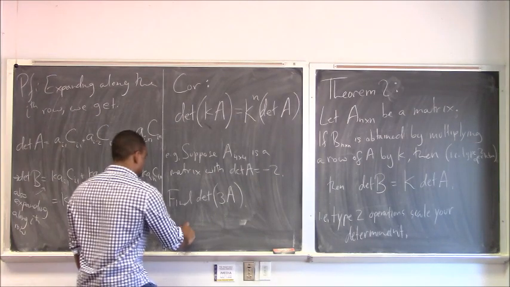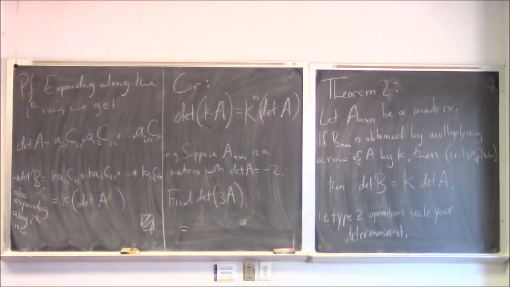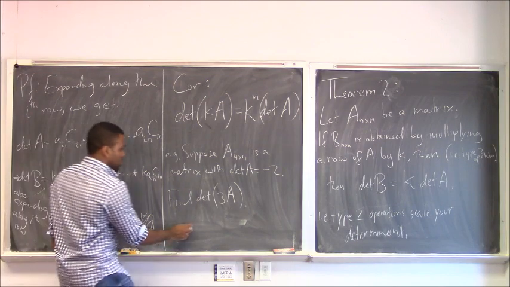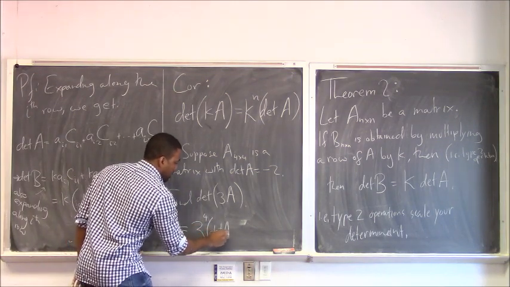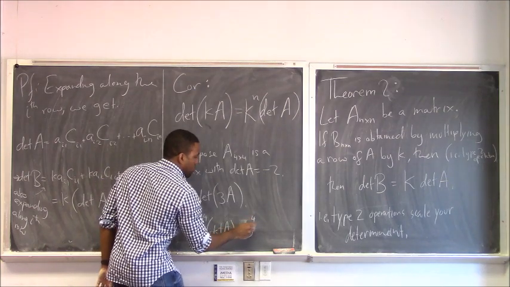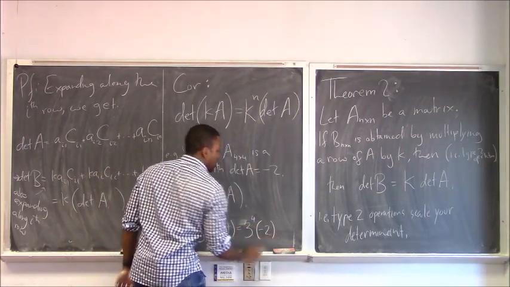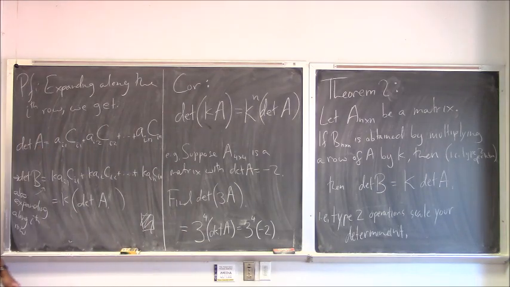And what would that be? It's just going to be 3 to the 4th times the determinant of A, which is going to be 3 to the 4th times -2. And that would be your answer.